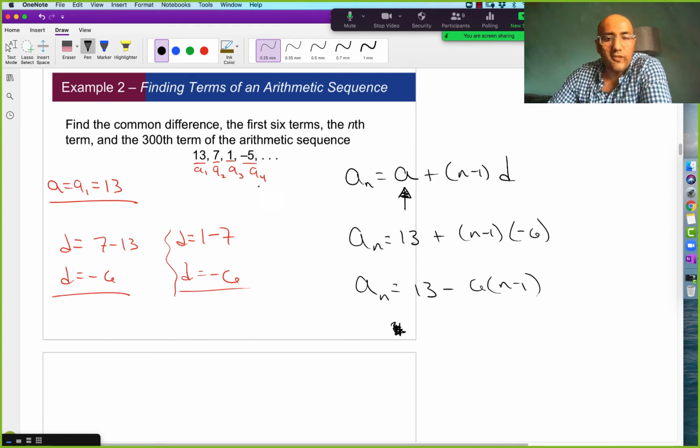Let's check to make sure that it works out. For the last one, we know for sure. Check. So when n equals 4, we better get a negative 5. Okay, so a sub 4 should be equal to 13 minus 6 times 4 minus 1.